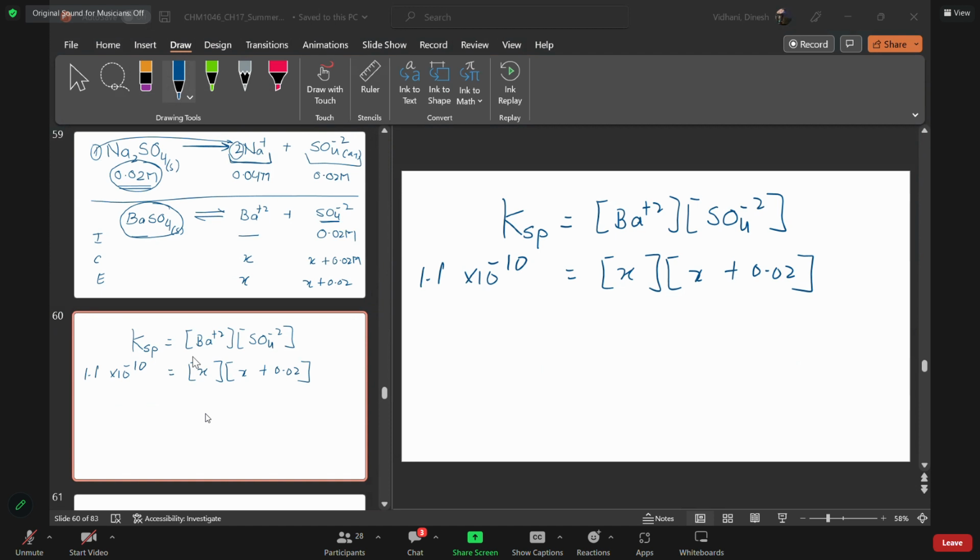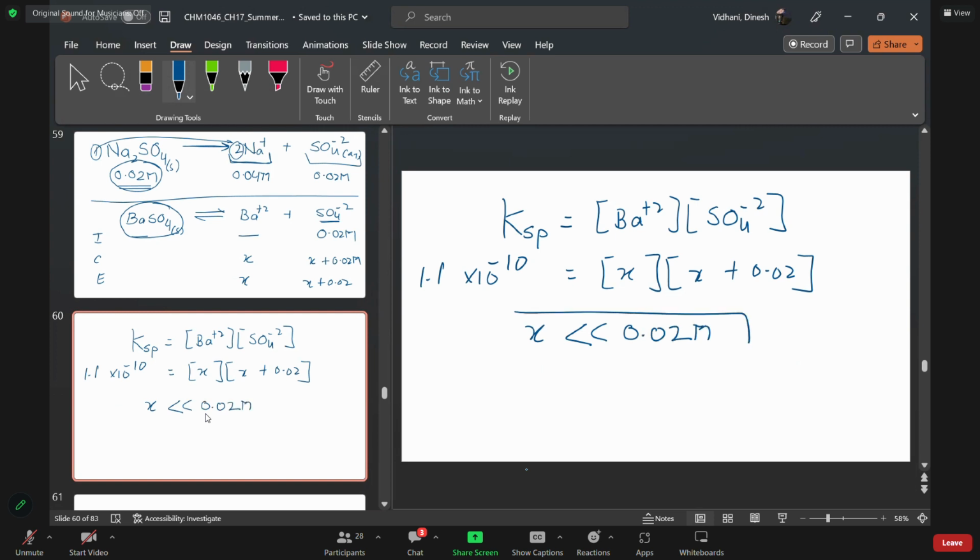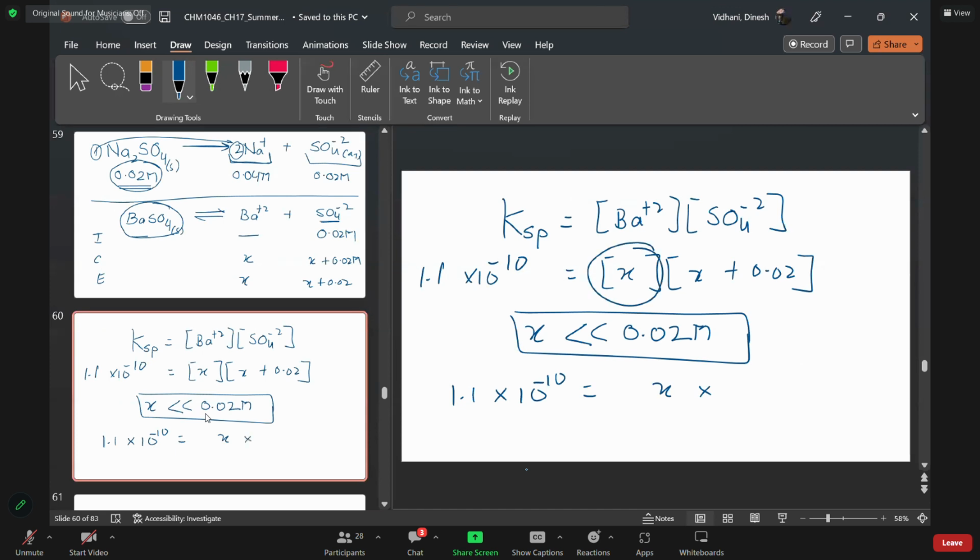Do not ignore it in the multiplication process, right? So here we are going to make an assumption that X is too small compared to 0.02 molar. So we can simply ignore that, right? So I can say 1.1 times 10 to the power negative 10 equals X multiplied by 0.02. We simply ignore X inside the bracket. Okay, so can you find me the amount of X?